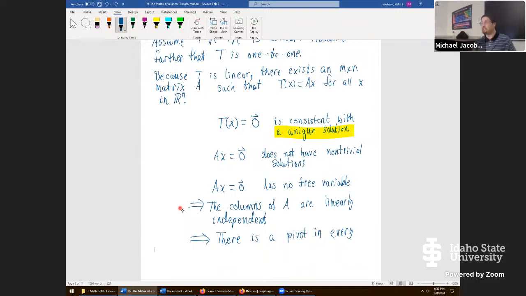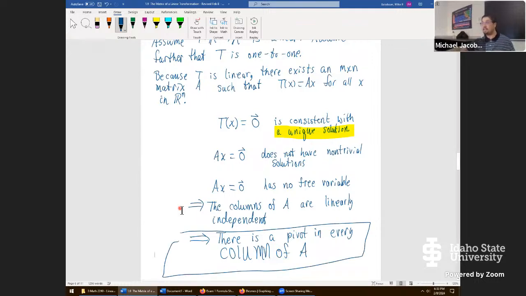If we mix them up, we're mixing up a lot of terminology. So there's a pivot in every column of A. So that's the major takeaway of that thought right there.